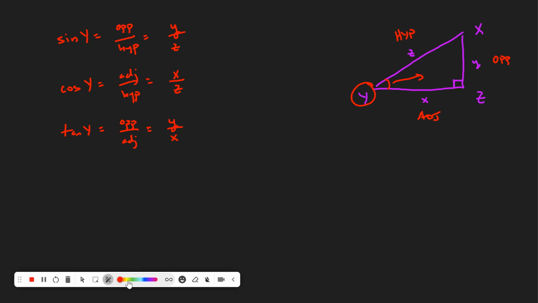Now, something very important to make you aware of. I'll put asterisks. So if we look back up at x, the sine of x was x over z, opposite over hypotenuse. But x over z is the cosine of y.